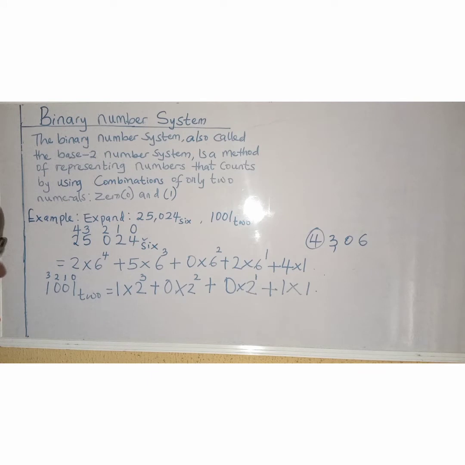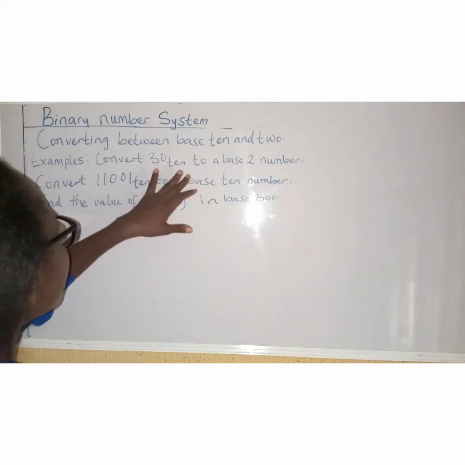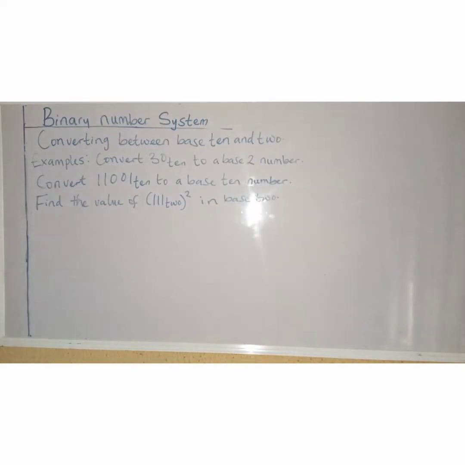Okay, we'll be going further. We go further into looking at how to convert between base 10 and base 2. How to convert from base 10 to base 2 or from base 2 to base 10. That's what we'll be looking at now. The example before me says, number 1 says, convert 30 base 10 to a base 2 number. But the simplest way to do this is to go by this.